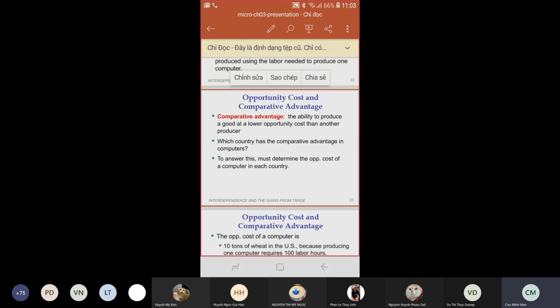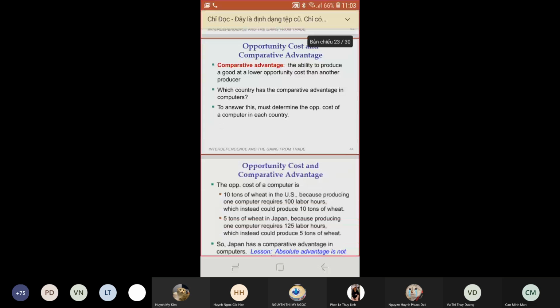Now you should know the meaning of comparative advantage. We follow the same logic, digging into absolute advantage to expand this concept. Comparative advantage, thuận lợi so sánh.